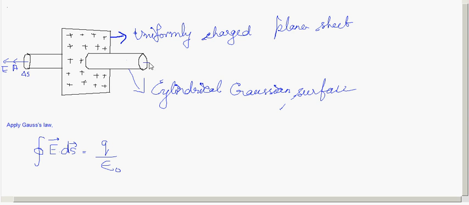Similarly here also the electric field E and area vector A are parallel to each other. Now in this curved surface, the electric field E and area vector are perpendicular to each other.